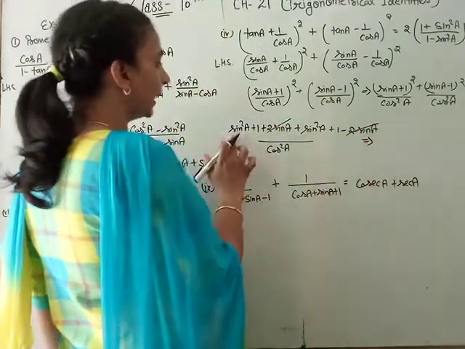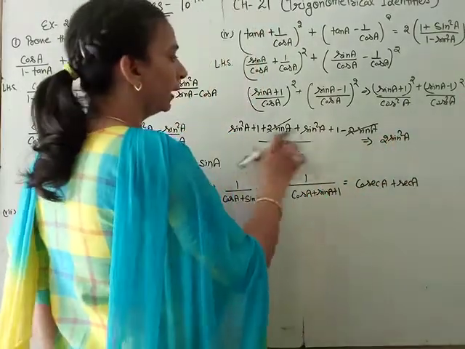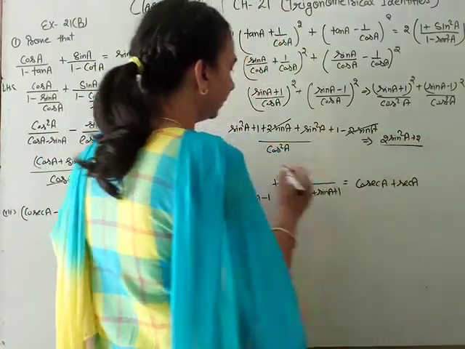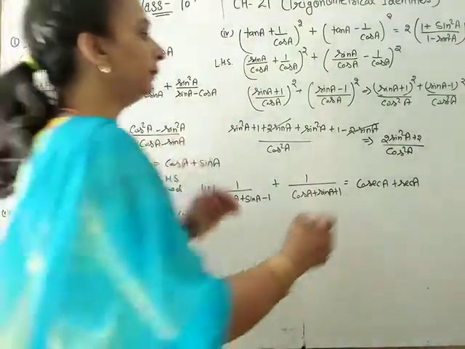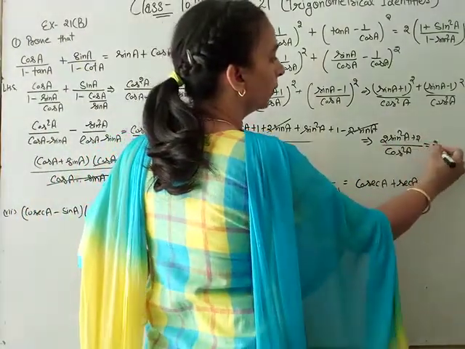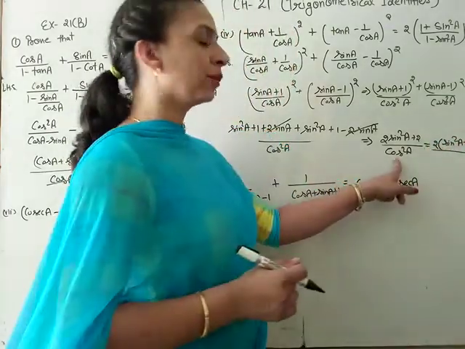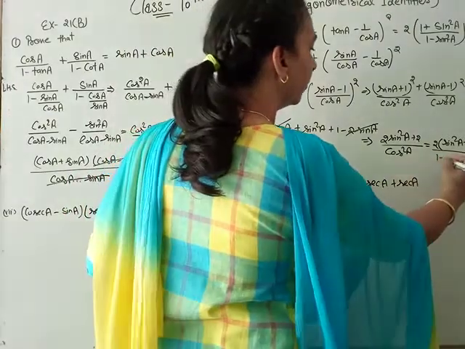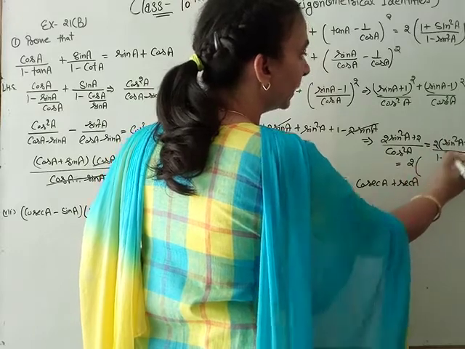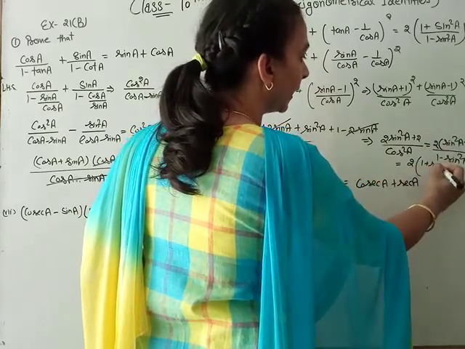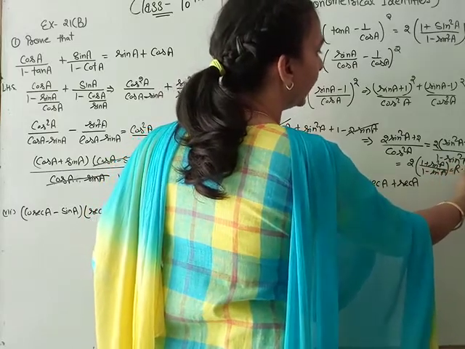This implies 2 sin square A plus 2, that is 2 times (sin square A plus 1), divided by cos square A, which is 1 minus sin square A. So we write 2 (1 plus sin square A) over (1 minus sin square A), which is equal to the right hand side.